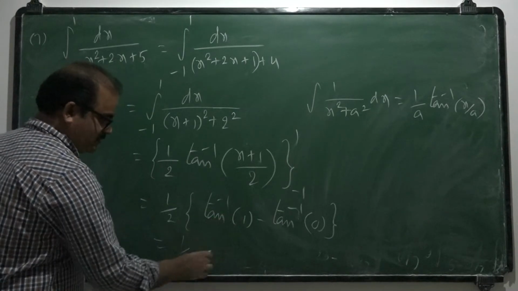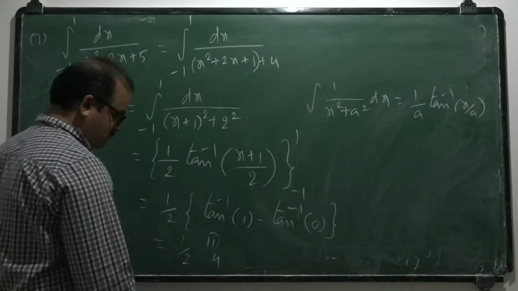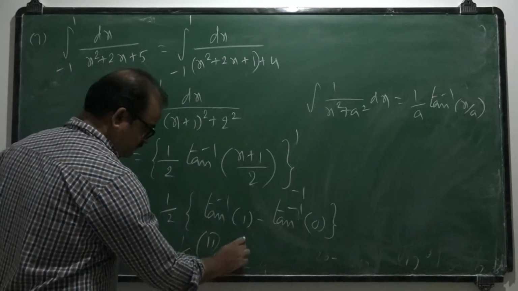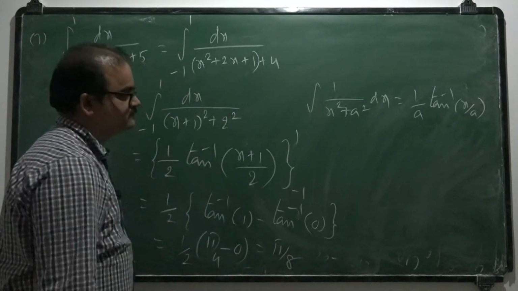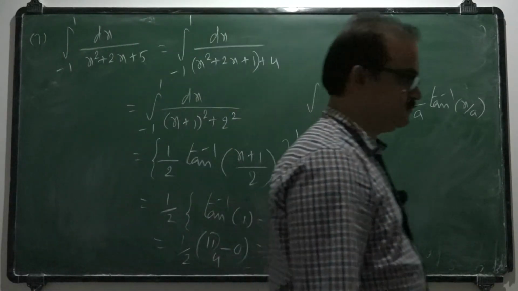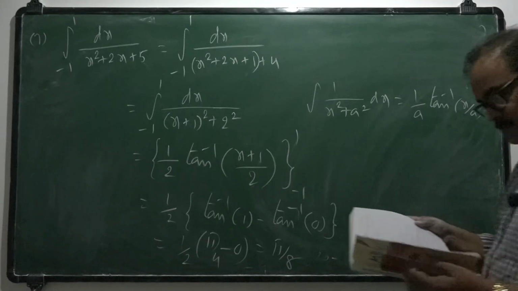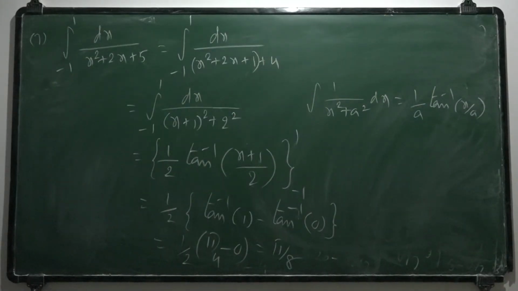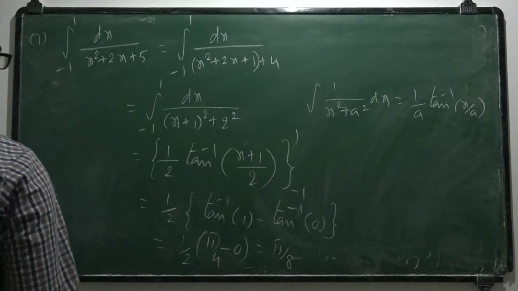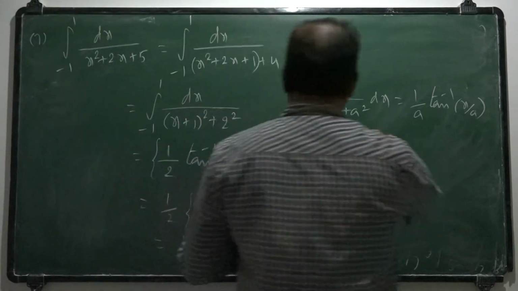Tan inverse 1 is pi by 4, tan inverse 0 is 0, so it is pi by 8. Write this formula in bracket.